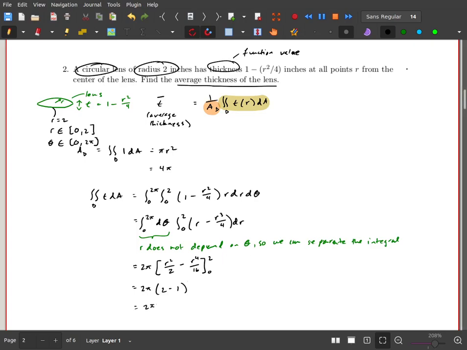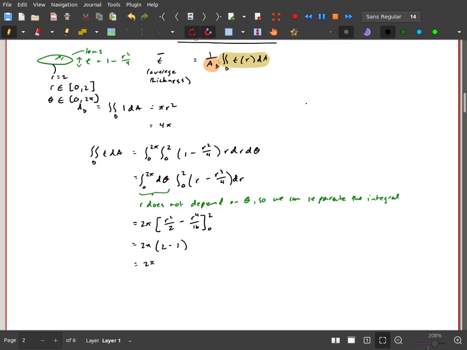But we're not done yet because we only found the integral here. In order to evaluate the average thickness, because that's what the question wants, the average thickness will be 1 over AD times that integral that we just evaluated.